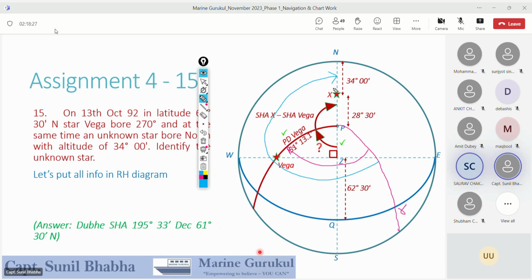Yes sir, from Aries to the unknown star. Okay. Now, what is the difference between the SHA of the unknown star and the SHA of Vega?